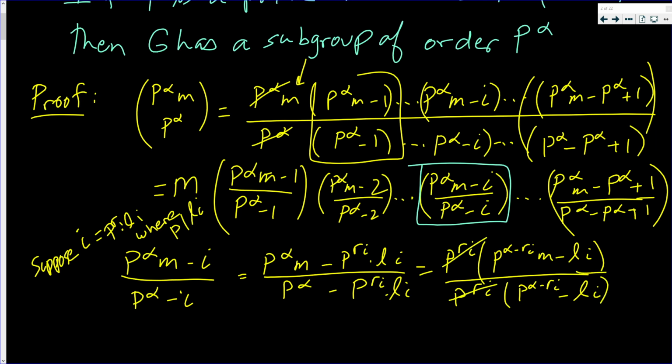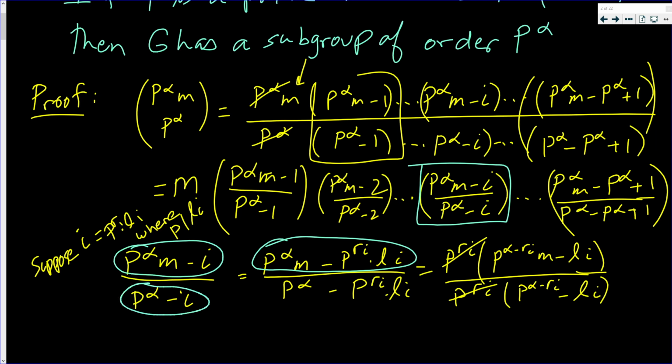And this cancels out. What we showed is that whatever factor of p I can factor out from the numerator, I can also factor out from the denominator.